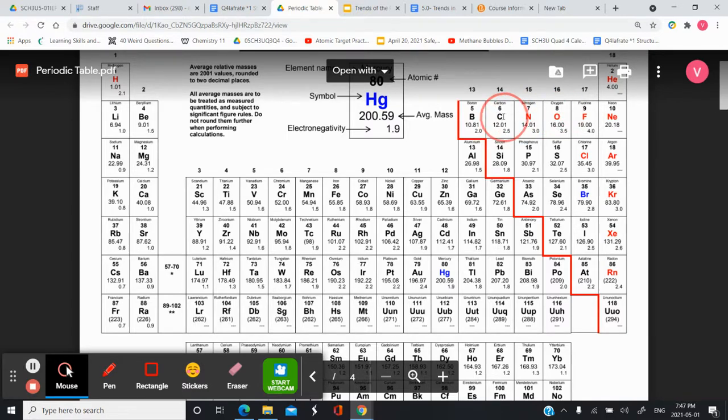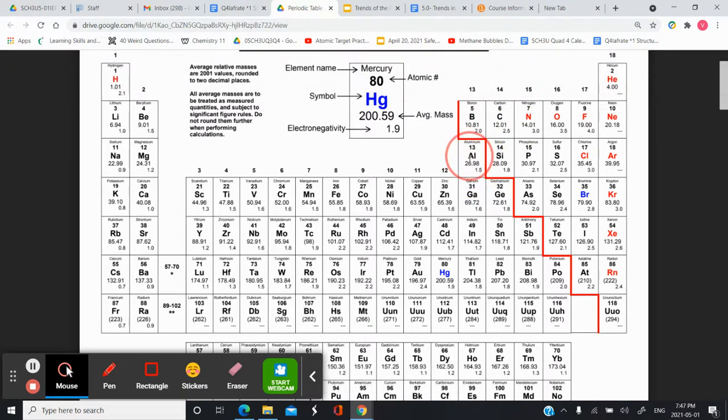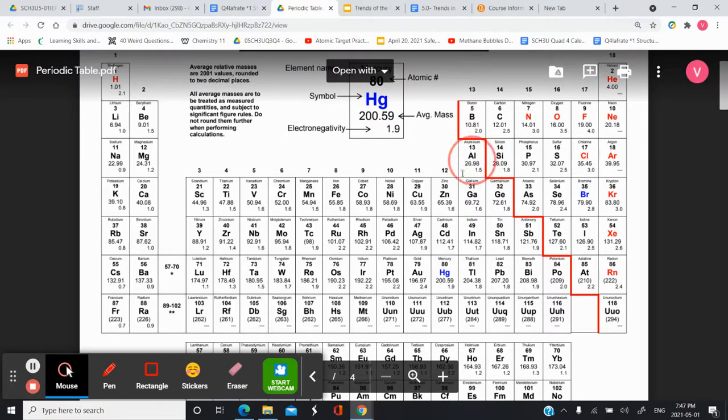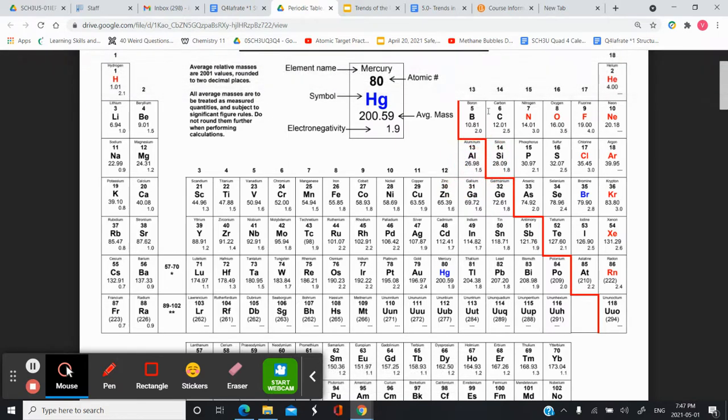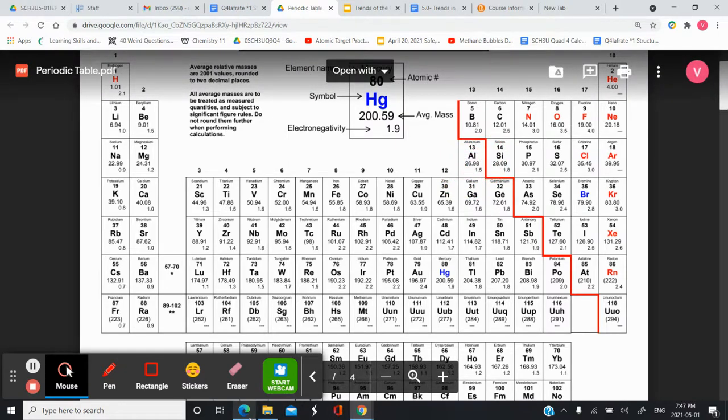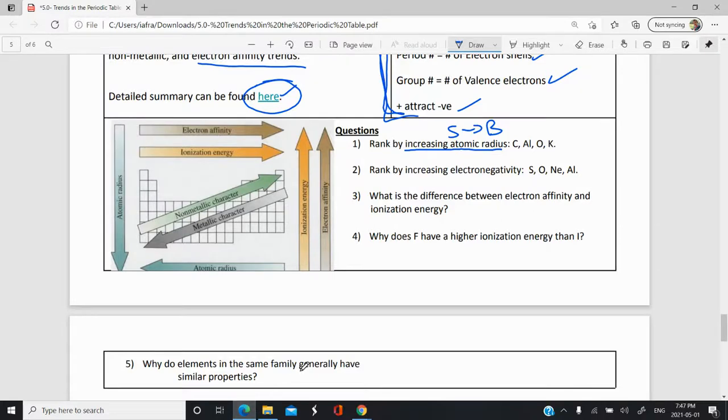We know that because carbon's more towards the left. So we know that for sure. And if we're comparing aluminum and carbon, aluminum would be larger because it's at the bottom and the left as well. So our smaller one is going to be oxygen, then carbon, then aluminum.